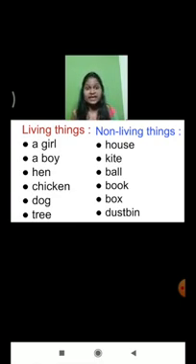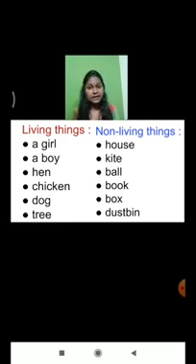There are certain living things and there are certain non-living things, and when these living and non-living things come together, they make our environment, our ecosystem. Students, I want to ask you, on which basis did you say that this is a living thing and this is a non-living thing?